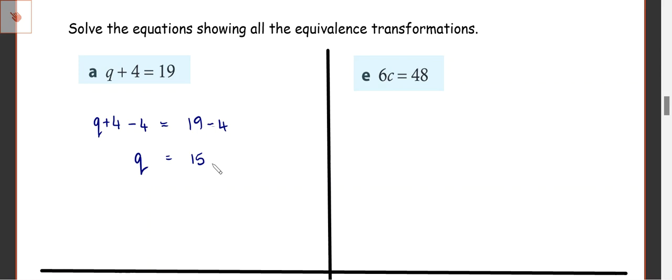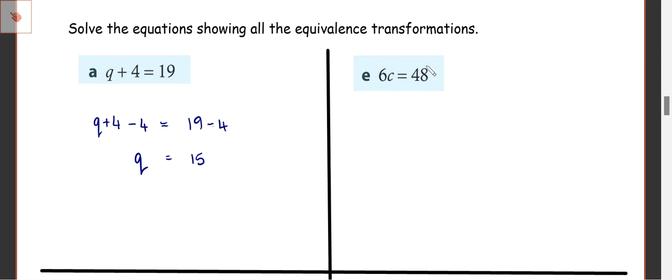So I decided now I can do anything I like as long as it's correct. But the most efficient thing to do is subtract 4 because that gets rid of the plus 4. What's that called, by the way? Doing an inverse. Good, an inverse operation. Subtracting 4 is the inverse of adding 4.